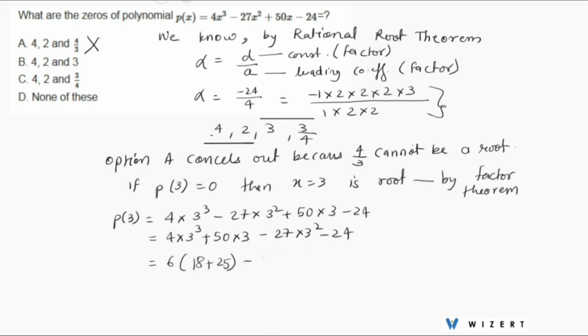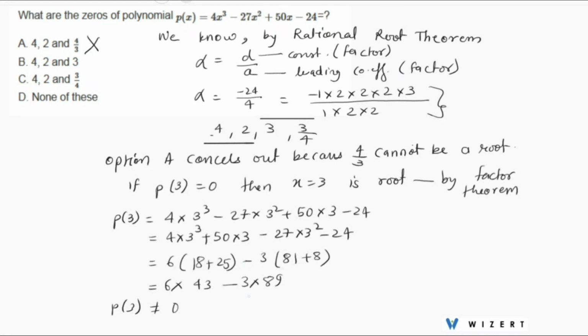And we can take only 3 common out here, so we have 9 into 9, 81, plus 8 in the bracket. So this is the positive part, this is the negative part. So let's evaluate: 6 multiplied by 8 plus 5 is 13, 2 plus 2 is 4, minus 3 multiplied by 89. Now this is not equal to 0.